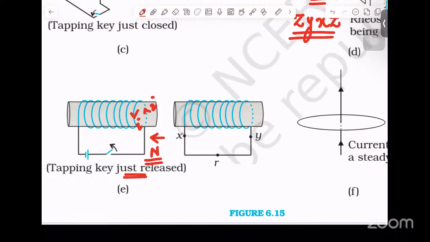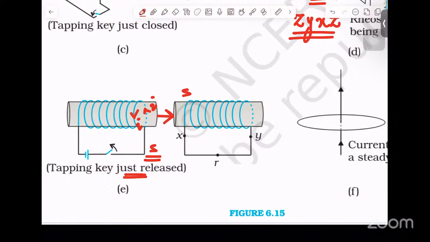And if the current is broken from this, if it goes to no current, then it will act like a South Pole, okay, because it's a break current. If it had been a make current, it would be like a North Pole. If it's a break current, it will be opposite, like a South Pole, okay. And so this should also act like a South Pole when viewed from this side.